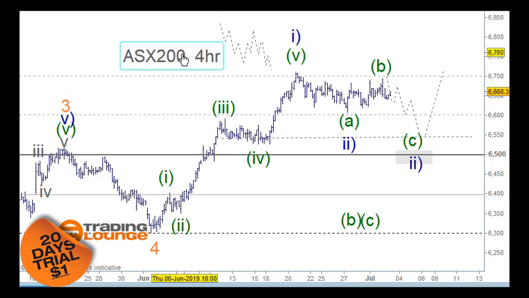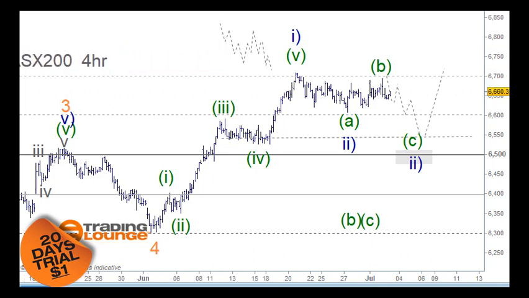But when we get 3 waves in the first move down as an A and a B and a C wave here, then this is what we call a flat correction. So it's just basically flat. So there'll be 3 waves here. So it's a 3, 3, 5 structure, but normally stays within its highs and lows here.